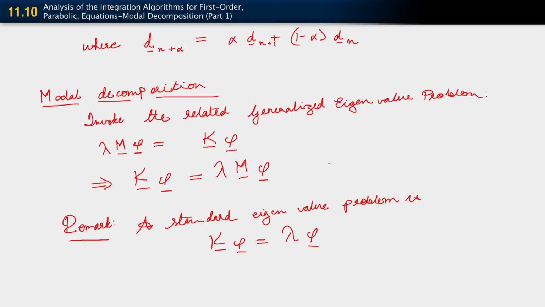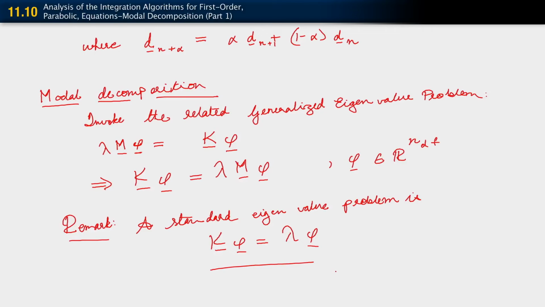In all of this, of course, phi belongs to a Euclidean space, a real space with dimension NDF. So what I've written down here would be a standard eigenvalue problem.